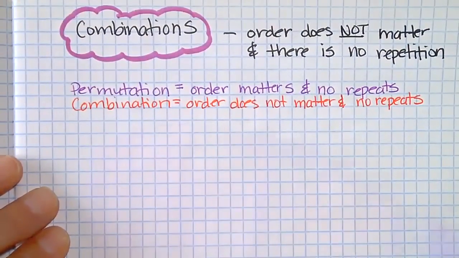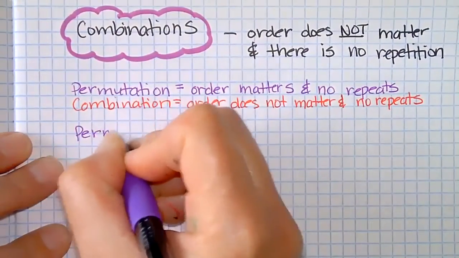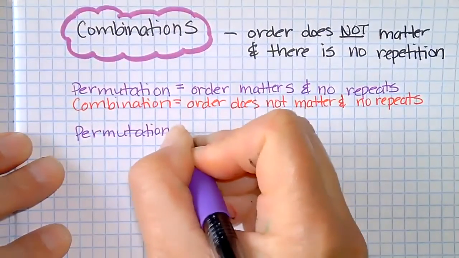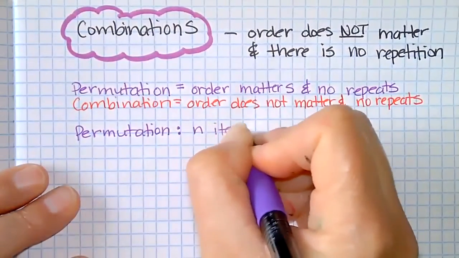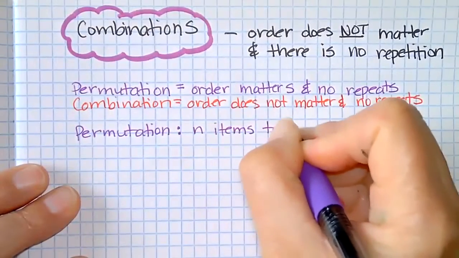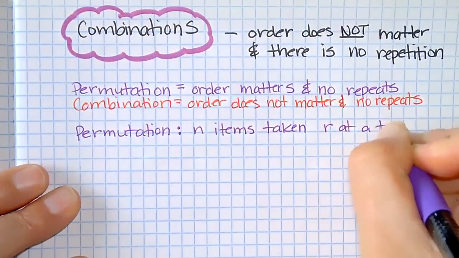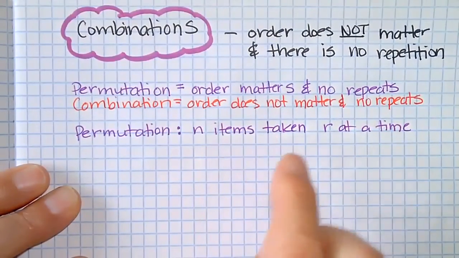Let me just rewrite for you guys the formula for permutation. So permutation, n items taken r at a time, okay? And again, this is when we're trying to order them.